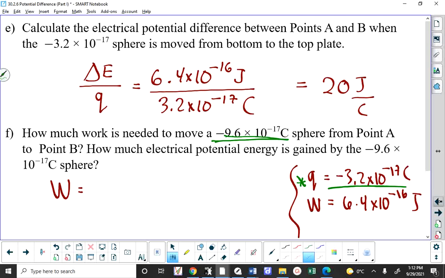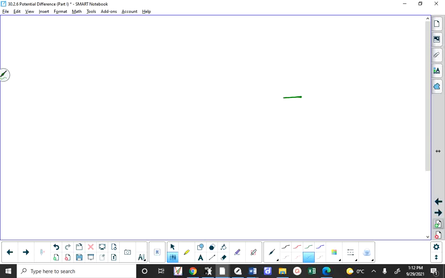Electrical what? Yeah, exactly. The force that you have to apply, we just finished talking about this a few days ago, can be found by taking the charge times the electric field strength. Now, I don't want to get into electric field strength between plates today, but since the charge is greater, the force must be greater.